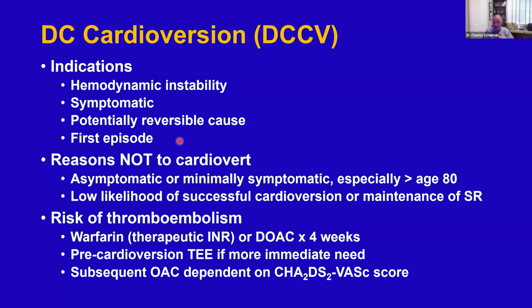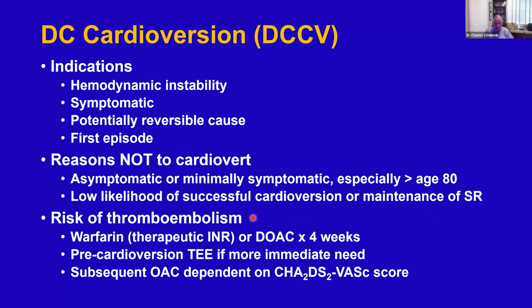Or should you wait a while and see if it reverts by itself? Reasons not to cardiovert might be asymptomatic or minimally symptomatic, especially in the older age group, or if there's a low likelihood of successful cardioversion or maintenance of sinus rhythm, for example, with a large left atrium seen on echo.